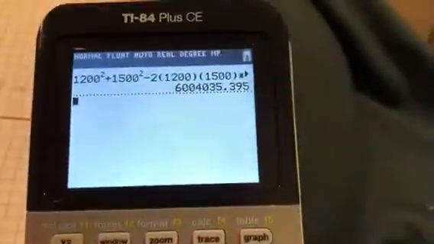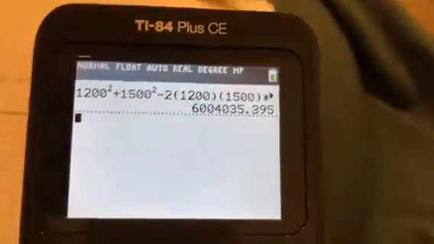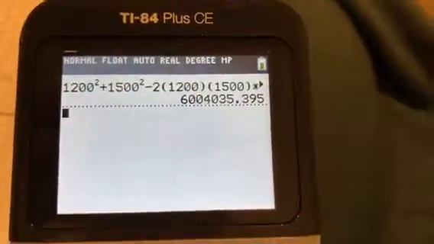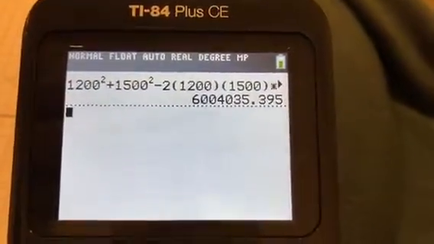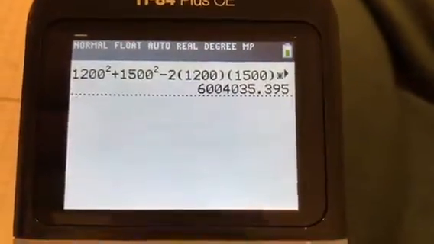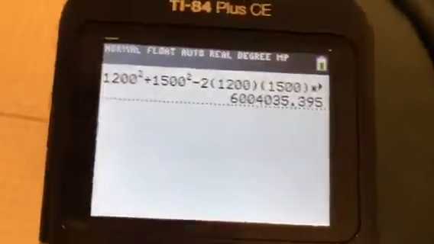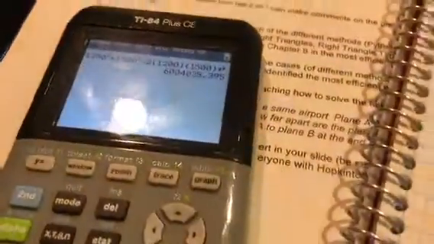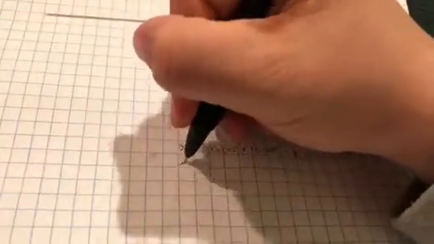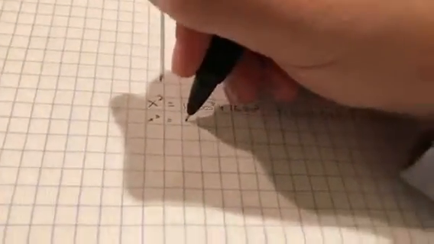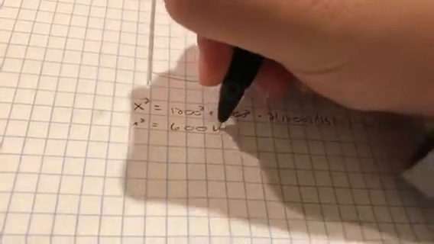Okay, to solve this, we use the calculator, and the final value on the calculator comes to 6,040,035.395. This equals x squared.